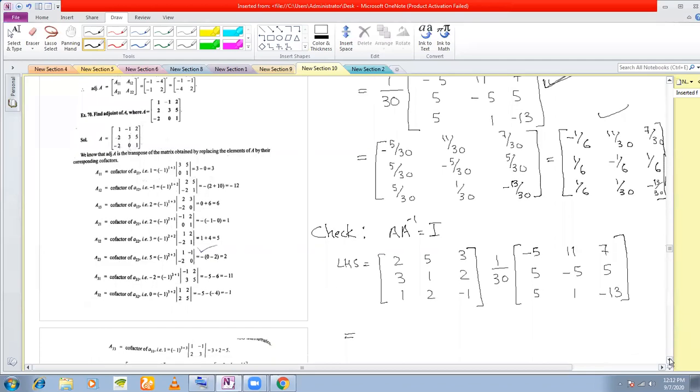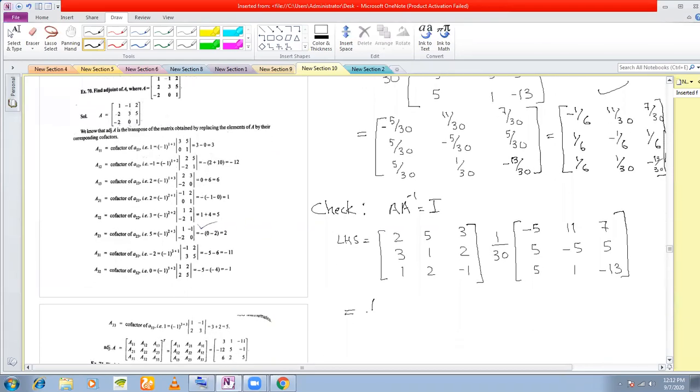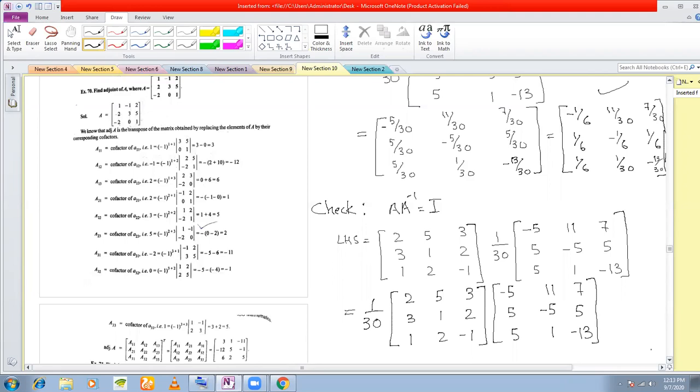So it is better to take 1 by 30 out, and then I can very conveniently multiply these two matrices.